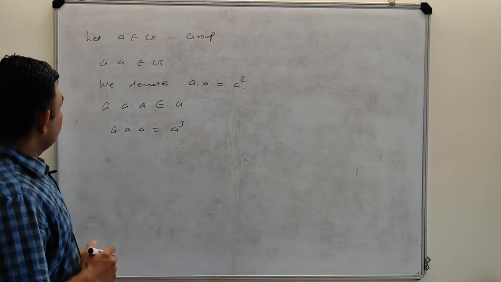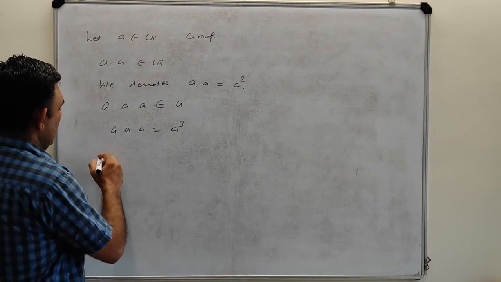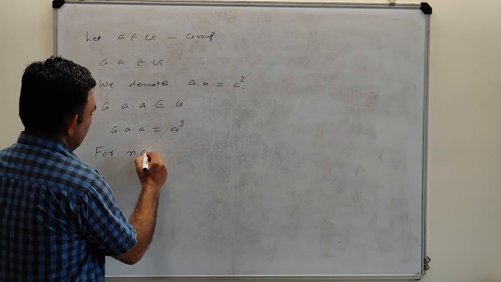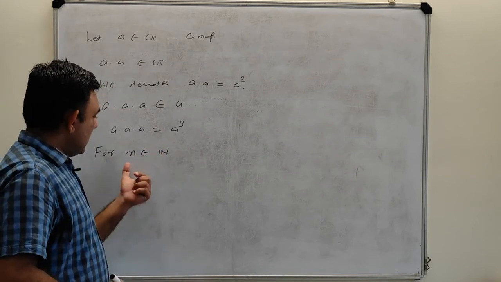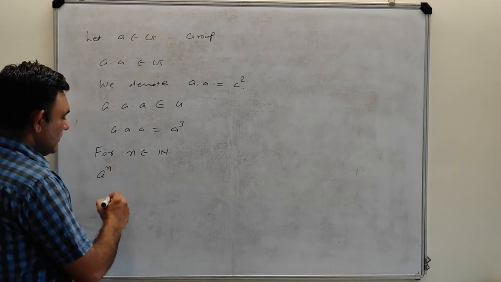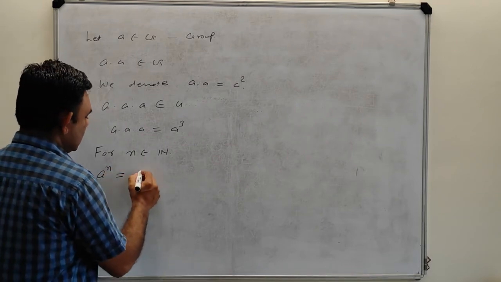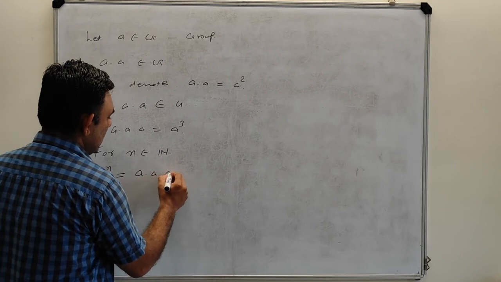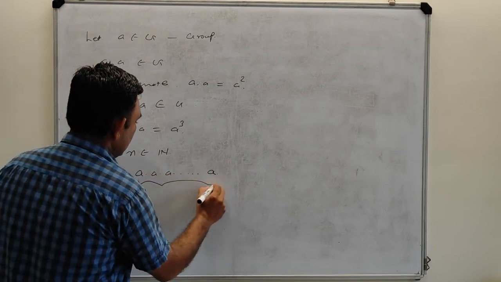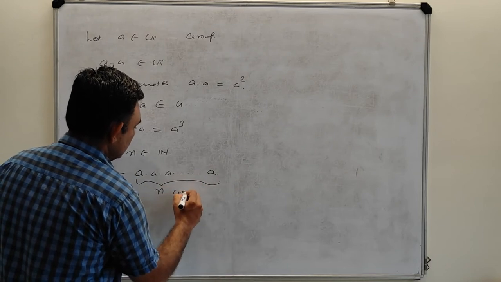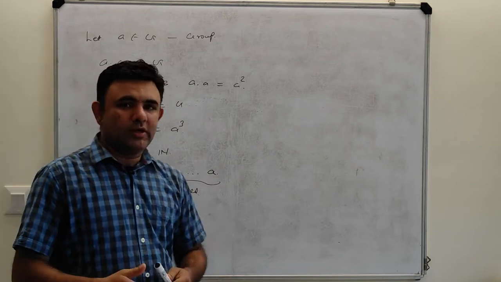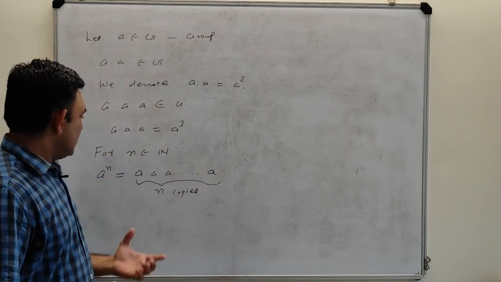So in short, for n belonging to N, n a positive natural number, a raised to n means a dot a dot a and so on, n copies. So a raised to n means a dot a dot a, n times.